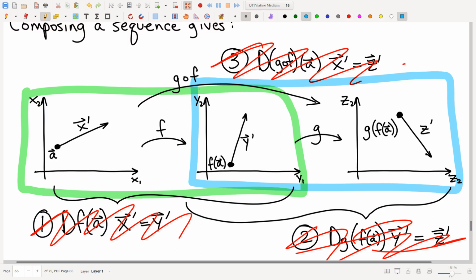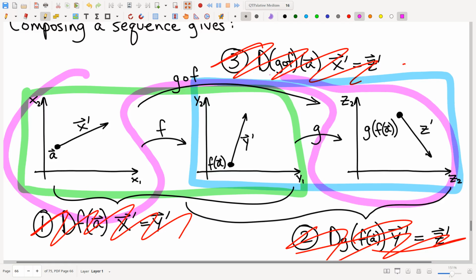The outputs are z1 and z2. So two multivariable functions, and I'm composing, and hopefully no surprise, the third multivariable function we're going to talk about is the one like this. That's the composition. Inputs are x's, outputs are z's, where we do f first and then g second. Cool?